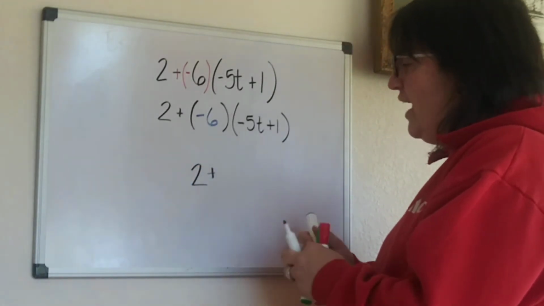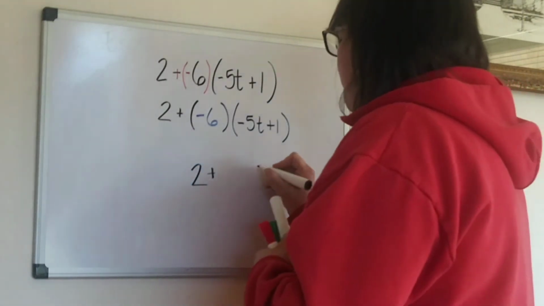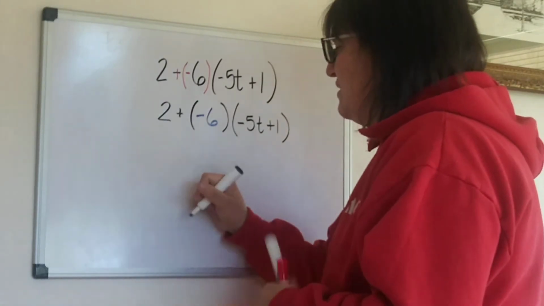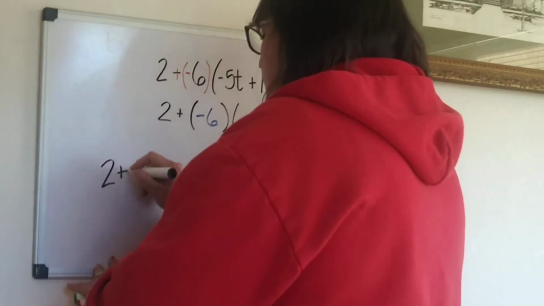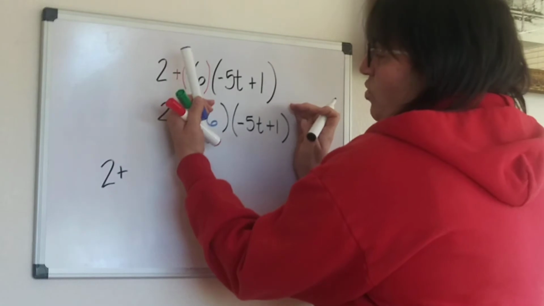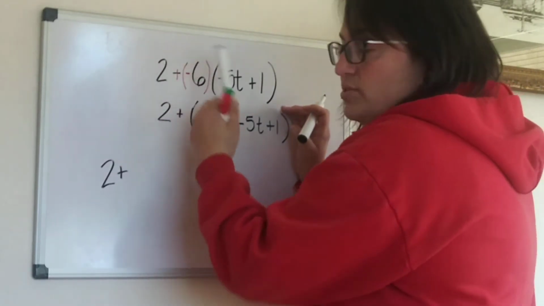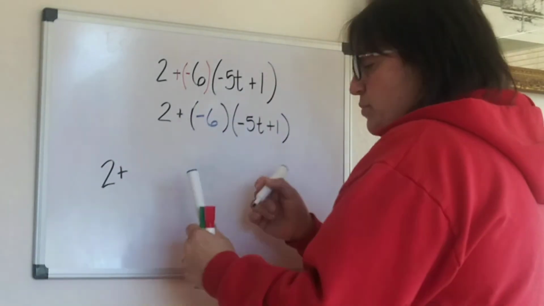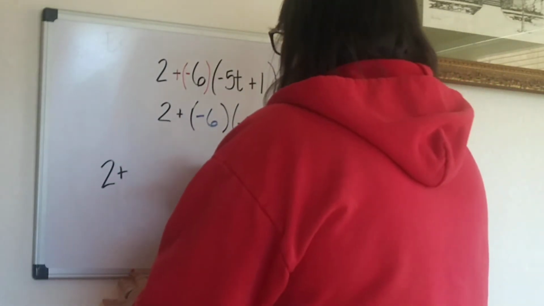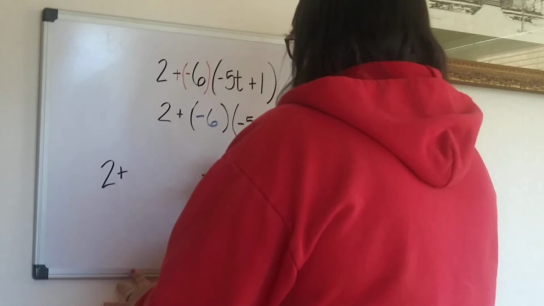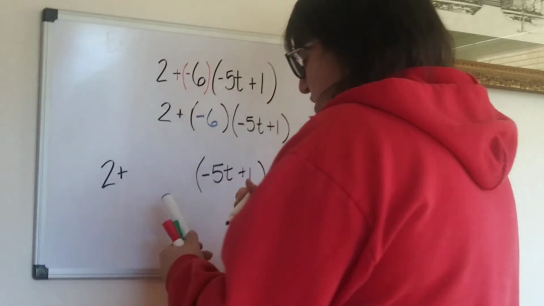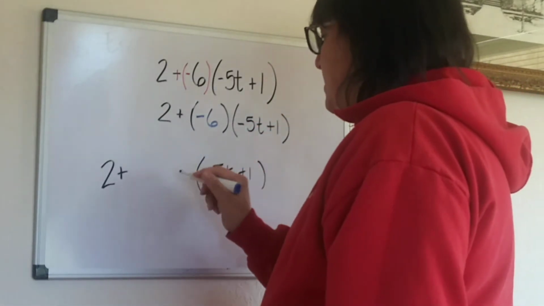Let's just set it aside over here for a second, because I have to deal with this whole chunk before I can add. This is multiplication and it comes before the addition part, so that's less important right now. Then I can take my -5t plus 1, and now I'm multiplying this -6.